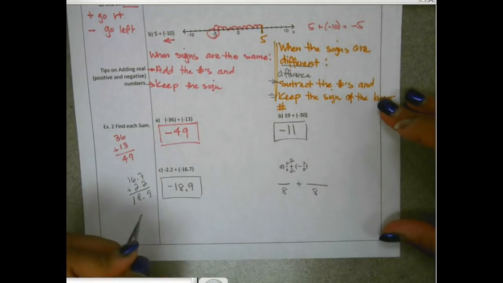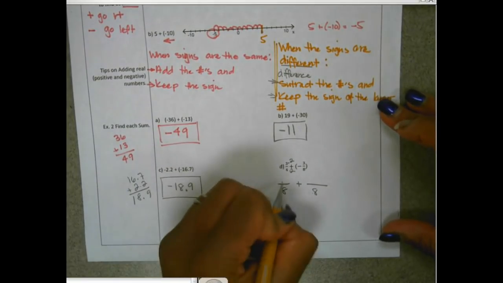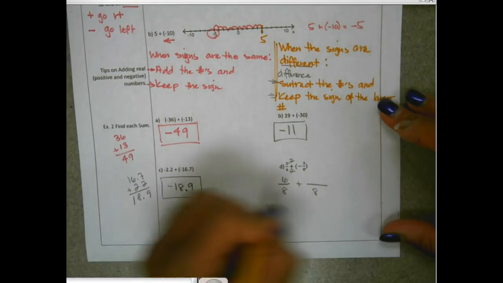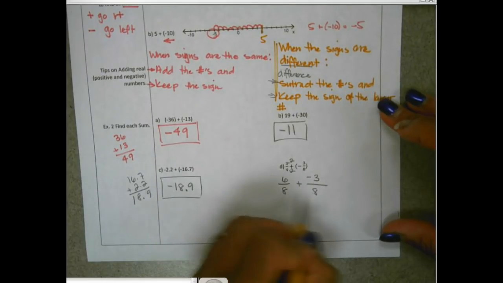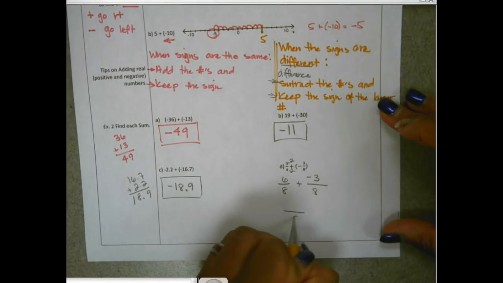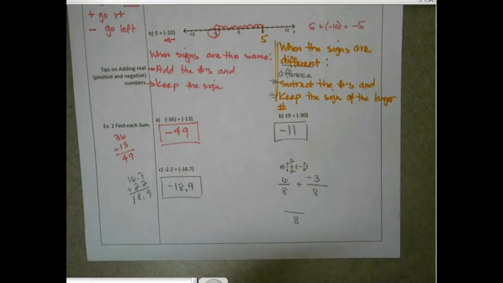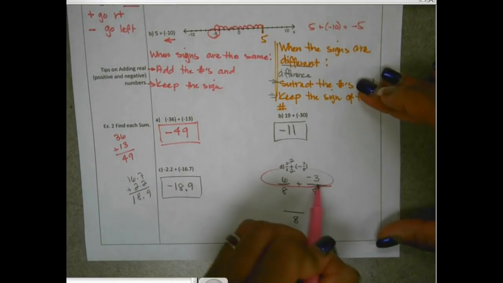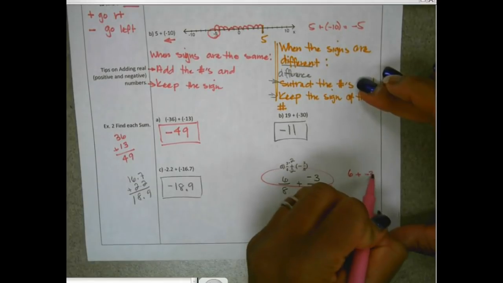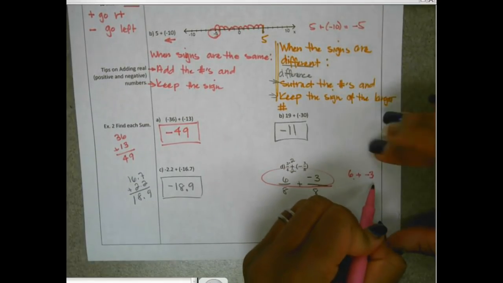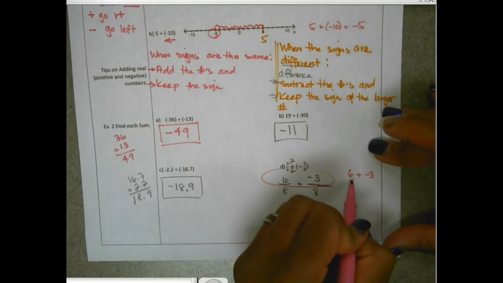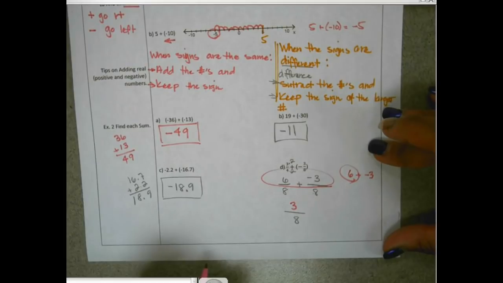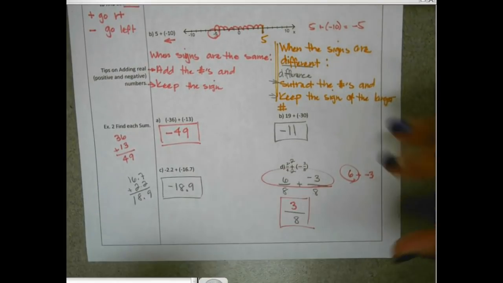So I'm going to multiply by 2 up top as well. 3 times 2, 6. Now, this already had it, so I'm going to leave it the same, negative 3 over 8. When I'm adding or subtracting fractions, I keep the denominator. And then what I'm doing here is I'm going to add these two. 6 plus negative 3, different signs, so I'm going to take the difference, subtract them, and I get 3. Positive 3, why? Because my bigger number is positive. So positive 3 over 8 for that one.